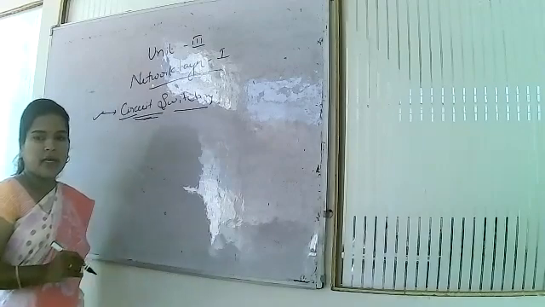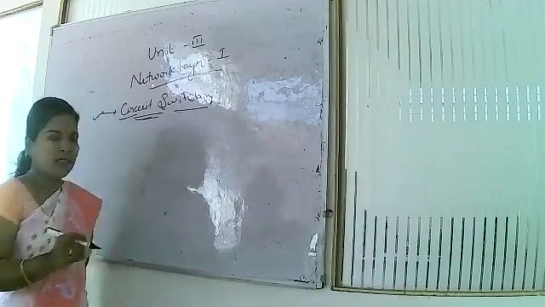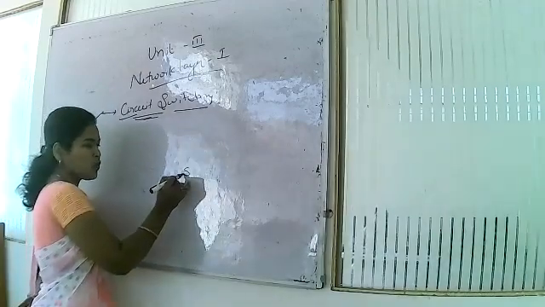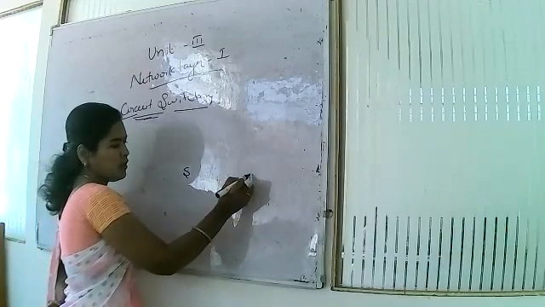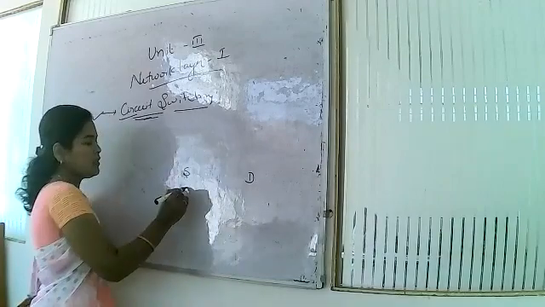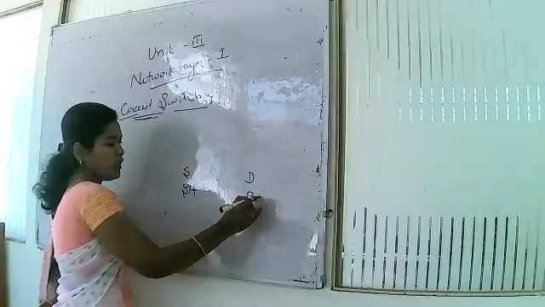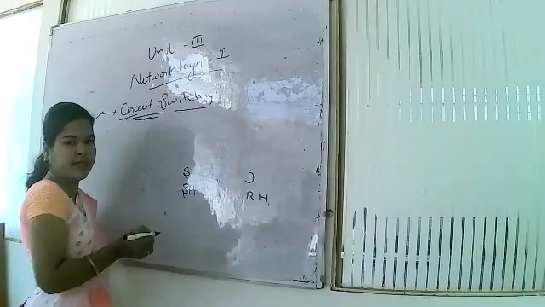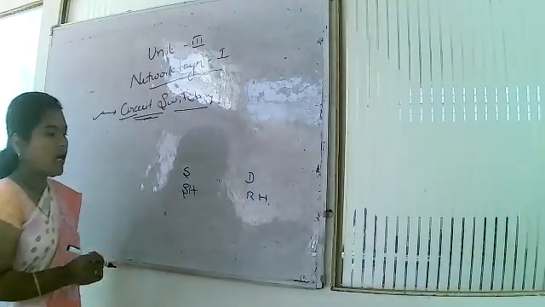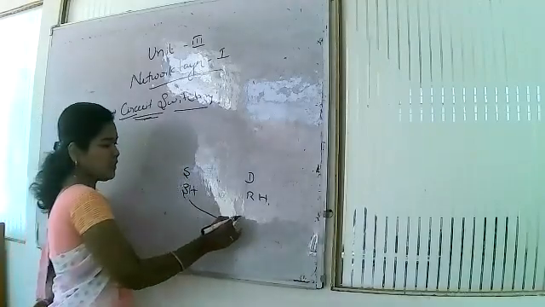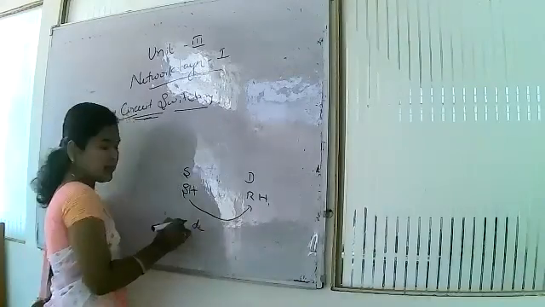See, circuit switching means that if you want to send the data from source to destination, sender to receiver, that is source host to receiver host, then I will create a dedicated path.